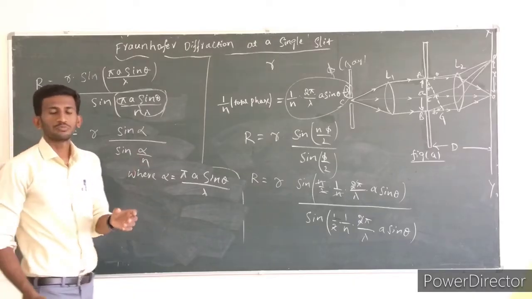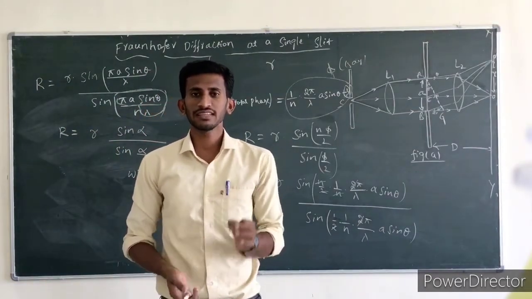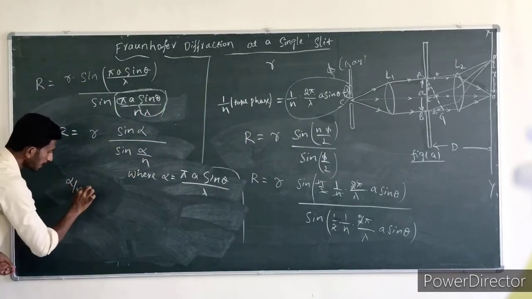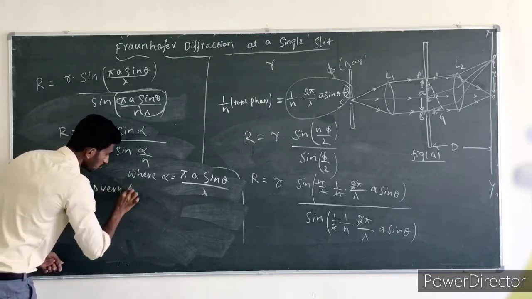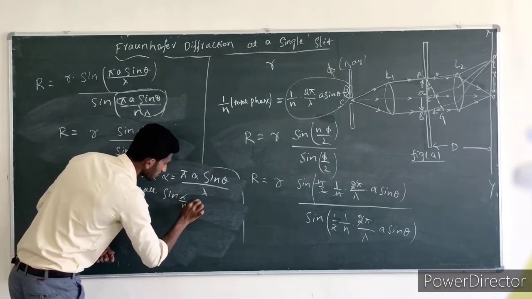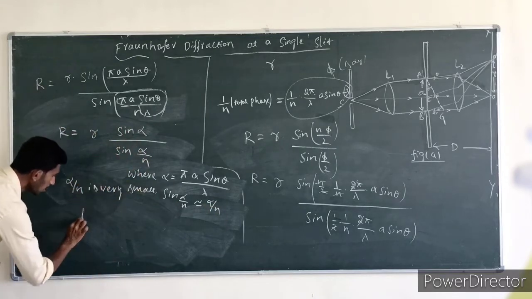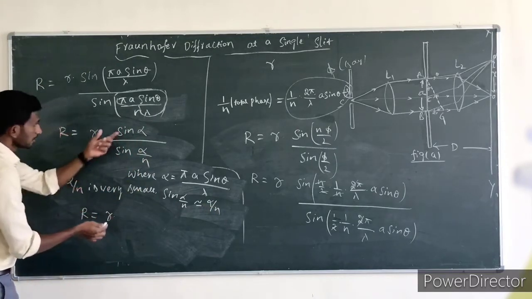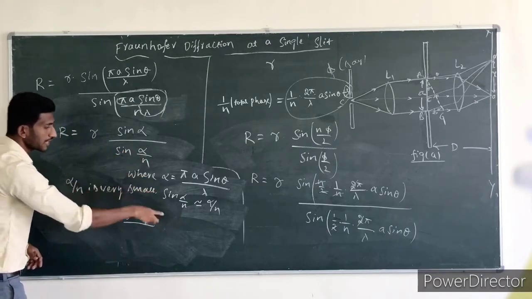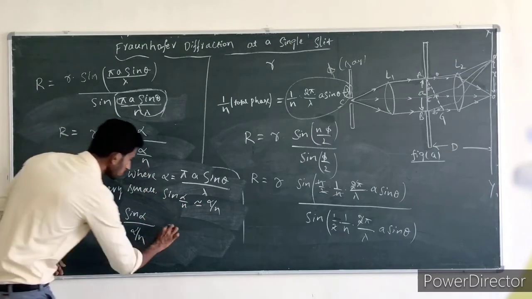Here, in previous cases we have taken if theta is very small, sin theta we can take as theta. So same like here also, alpha by n is very small, so we can write sin alpha by n is approximately equal to alpha by n. So this equation becomes R is equal to r into sin alpha divided by sin alpha by n.